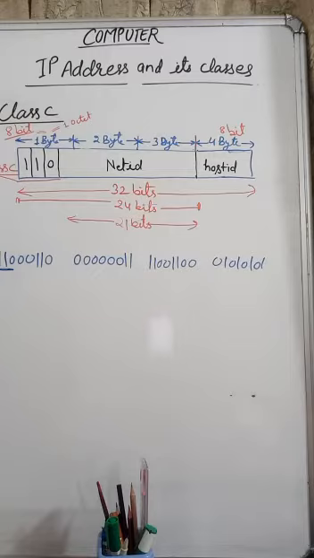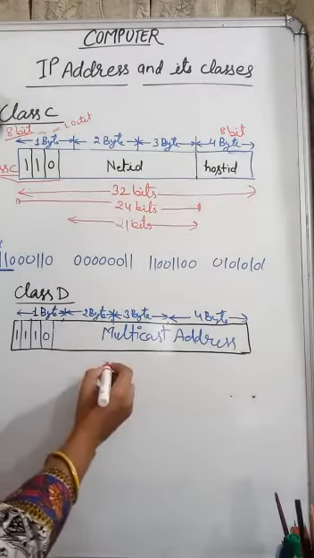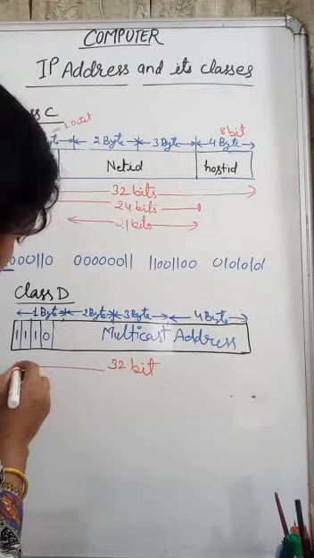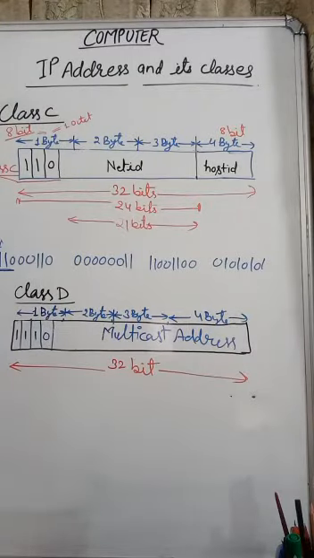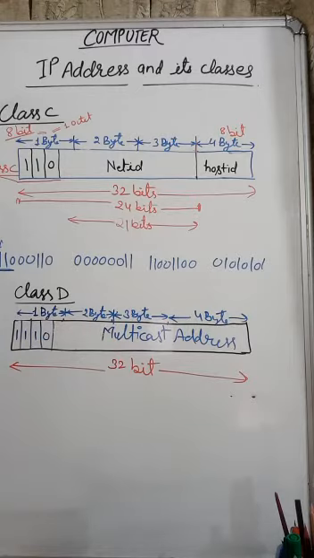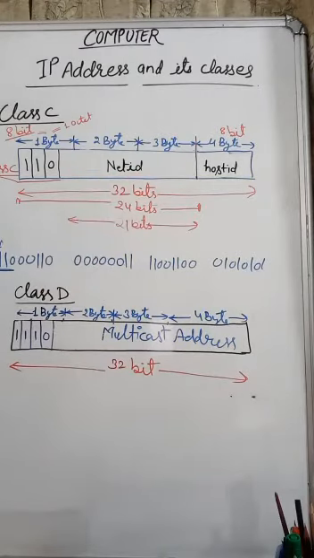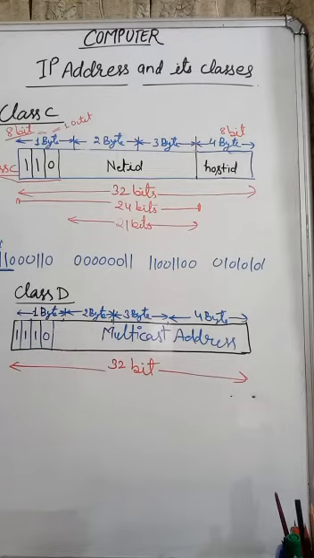How to define class D? Class D IP address is also a 32-bit IP address. The class D address is defined for multicast addresses. There is no net ID and no host ID. It means the whole address is used for multicasting.